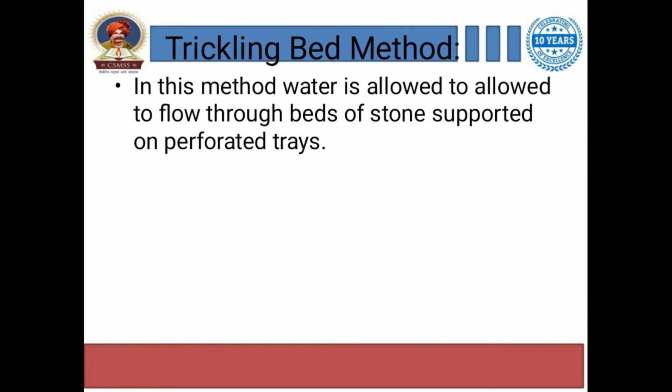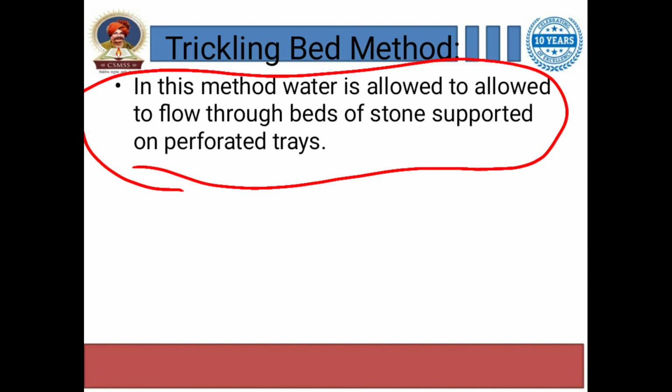Then trickling bed method. In this method, water is allowed to flow through beds of stone supported on a perforated tray. So write down this whole description in your notebook. Water passes through the bed of rock, and this water will percolate through the rocks, and it will come in contact with air and the aeration process will be done.